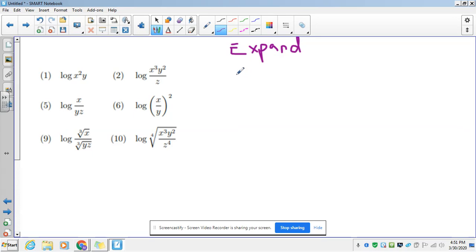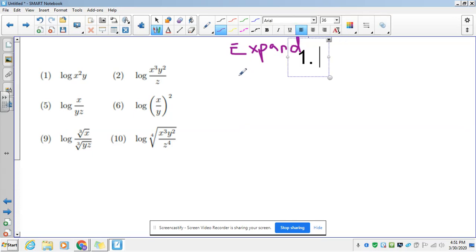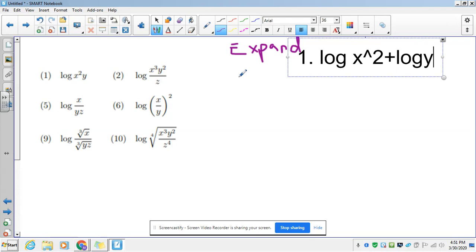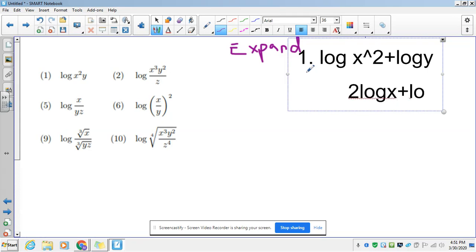So for number 1, you would start with log x to the second, and we're going to do plus log y. So that would be the first step. Now you also hopefully are realizing, well, we said we shouldn't have squared. What happened to the power? It moved out front. So the final answer would be 2 log x plus log y.